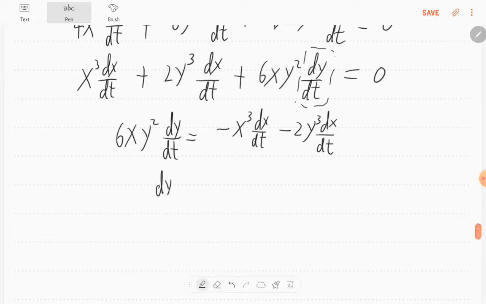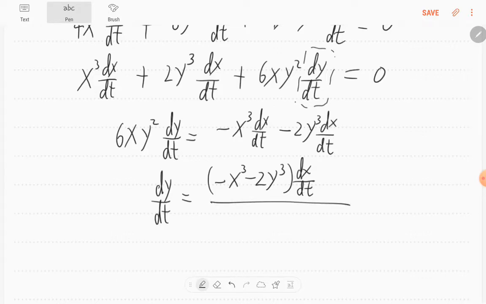So dy over dt is equal to negative x cubed minus 2y cubed, grouped together because they have the common factor dx over dt, divided by 6xy squared. So this is your answer.